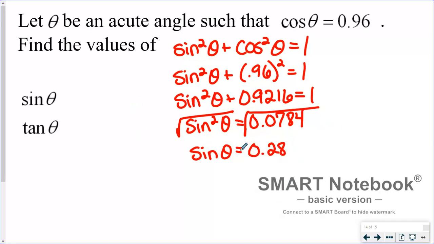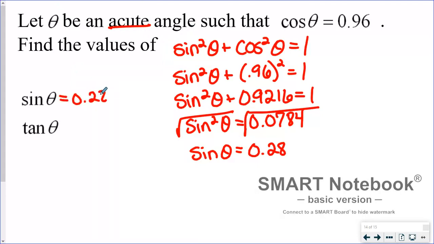Technically, when you take the square root, this could be positive or negative, depending on which quadrant we were in. But it tells us that it's an acute angle, which means it's between 0 and 90 degrees, and in that first quadrant, everything is positive. So now we know sine.